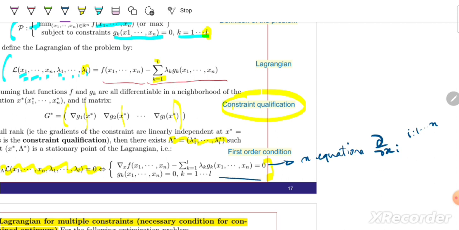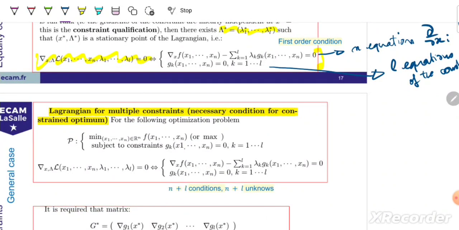And here I'm going to have L equations that correspond to the constraints. That's actually what's written here.